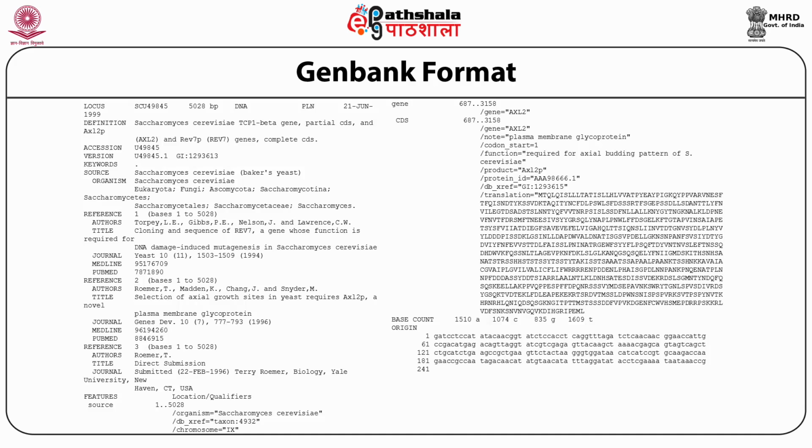Then again you can find the information about the citation, like in which journal it is published, and when, like you can see here, it is published in 1994, and the authors' names are also there. Then Medline and the PubMed information. Then you can see the information about the protein sequences as well as the DNA sequences, and you can see the DNA sequence given at the bottom and the protein sequence given at the top.